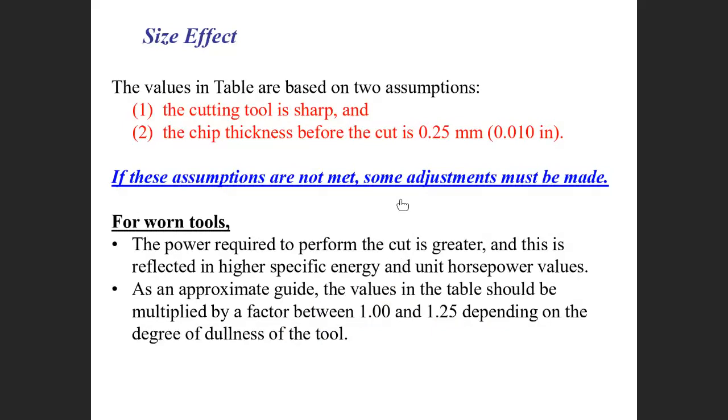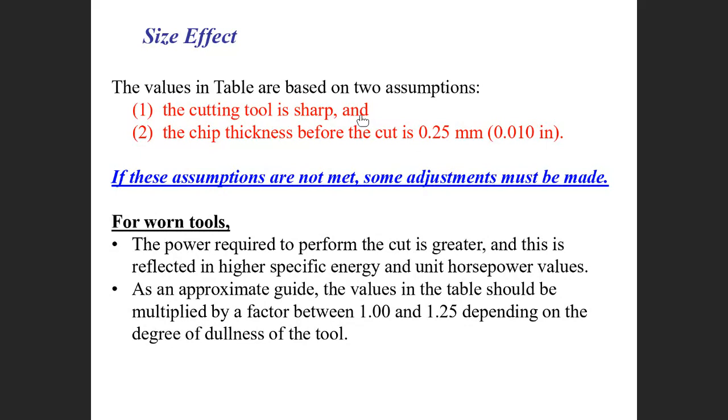Next is the size effect. The unit power in the table is affected by the wear of the tool, and affected by t0 if t0 is bigger than 0.25, because the values in the table were calculated for a sharp cutting tool, meaning no wear.